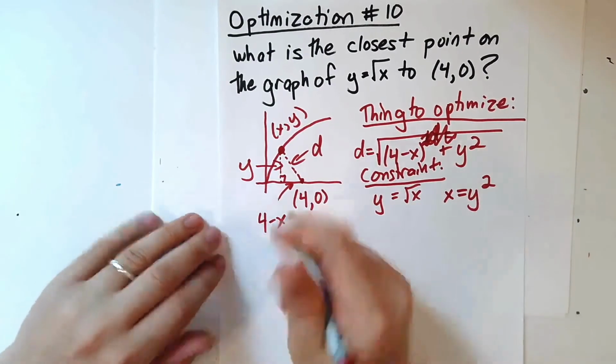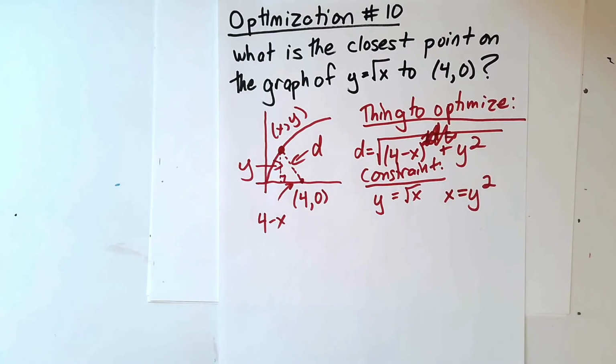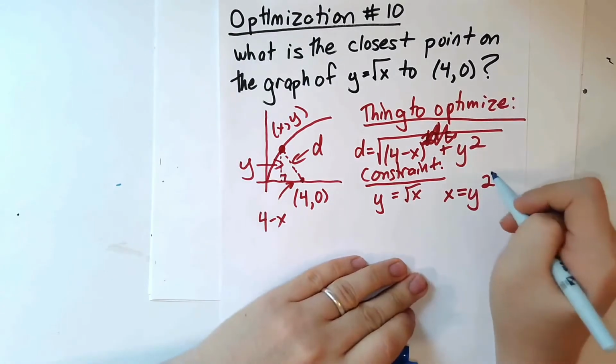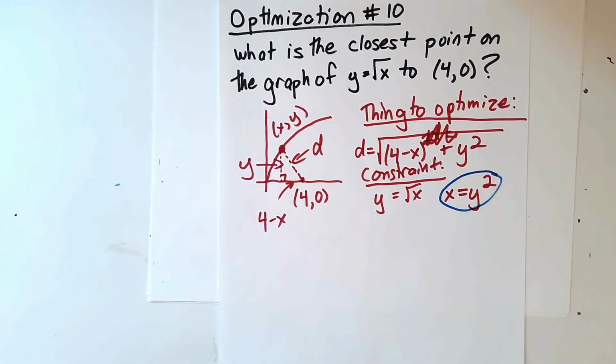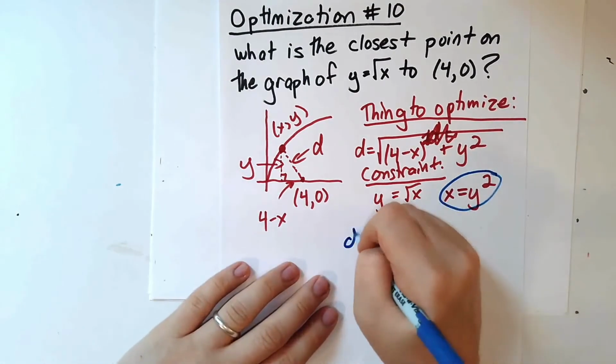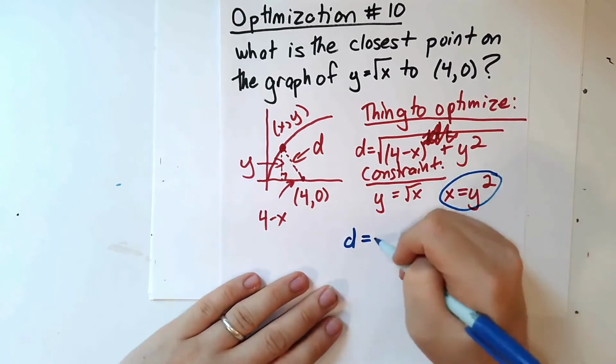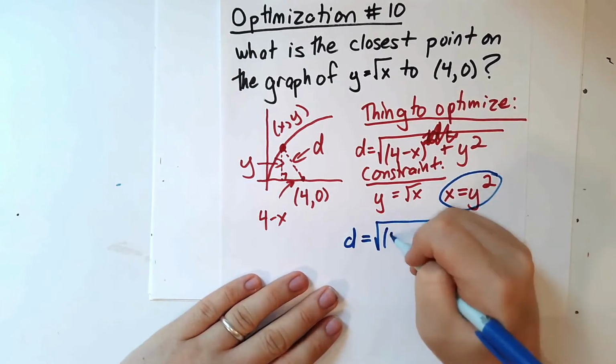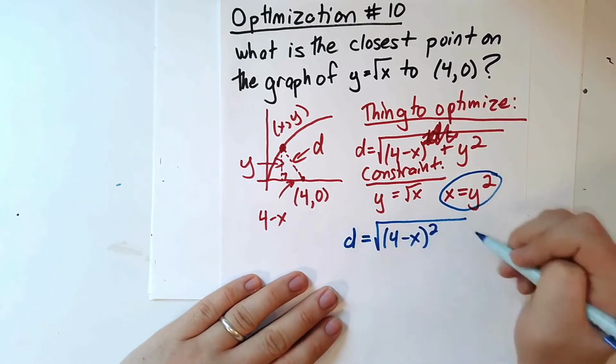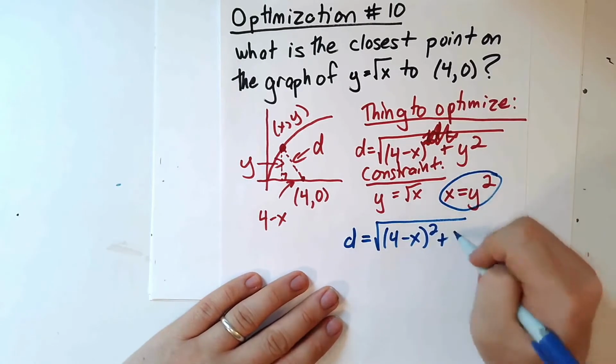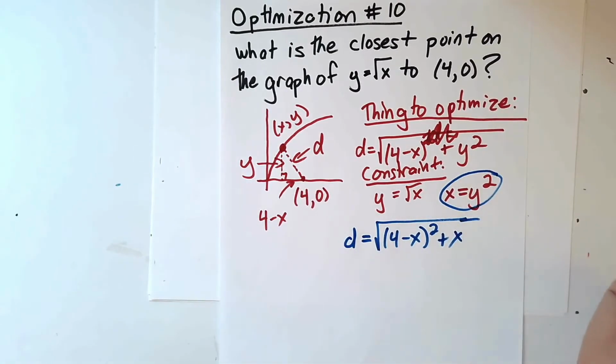Okay, now I can substitute my equation into this. So that's going to tell me that the thing I'm minimizing here is the square root of 4 minus x squared plus, and y squared is just x, so just plus x. Okay, I'm going to multiply this out.